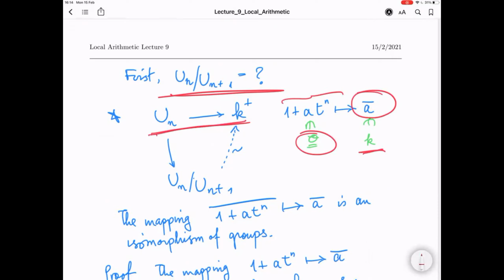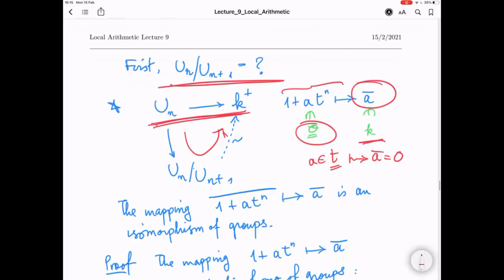And you can check that if a is in the ideal t, then of course a bar is 0, and therefore this homomorphism from Un to K plus factors like this, through Un modulo Un+1. Okay.